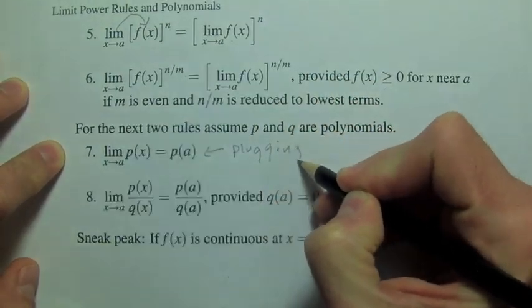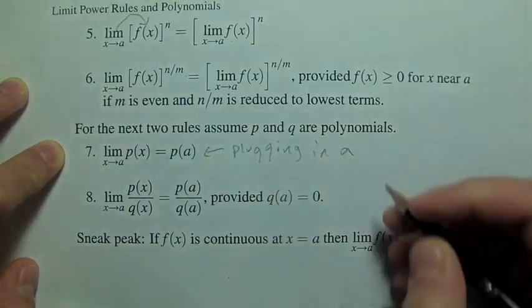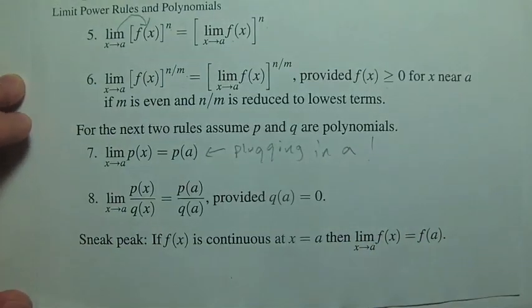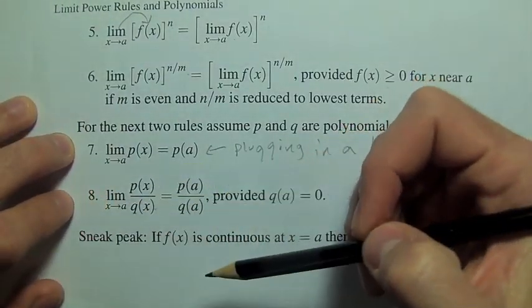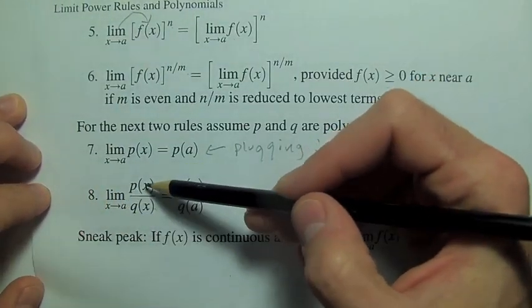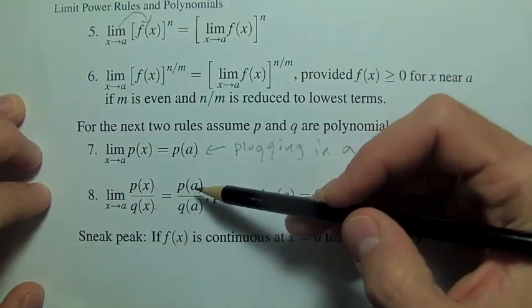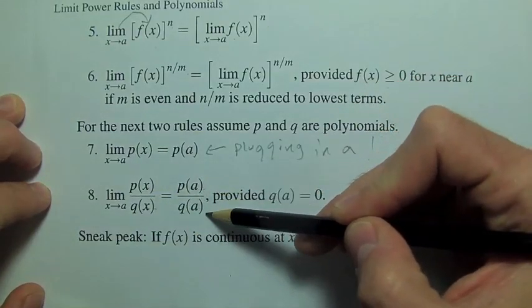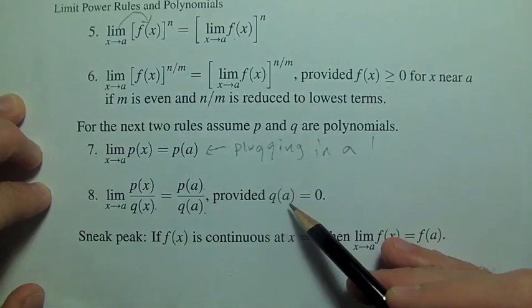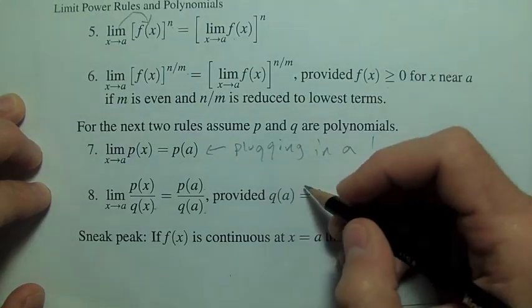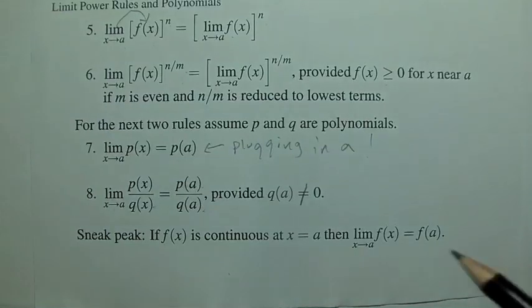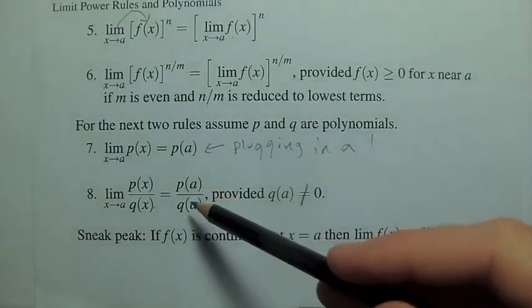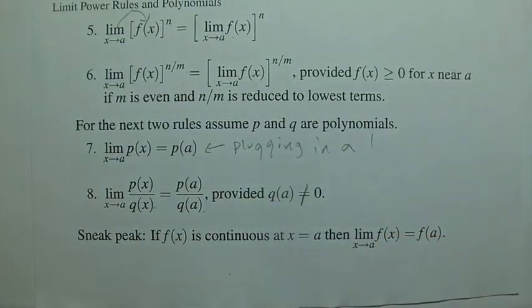And then here, again, if I have a fraction of polynomials, say the limit as x goes to a of p over q, that's just going to end up being p of a over q of a, provided q of a is not equal to 0. Same idea. We just plug it in, provided everything exists.